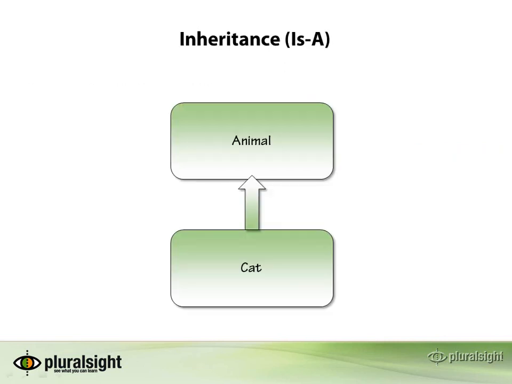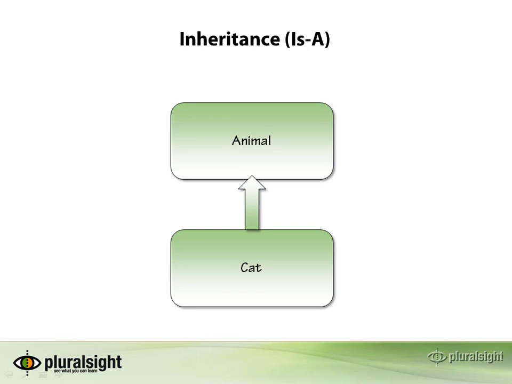So let's take a look at what specifically is inheritance. If you look at this example I have here, I have an animal and a cat. And a cat really is an animal. It is a type of animal. So this relationship is appropriate. Why are we modeling inheritance this way? One reason is that an animal might have a lot of things that all animals do.